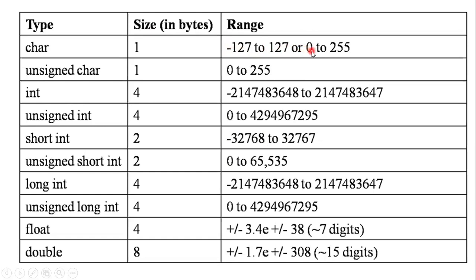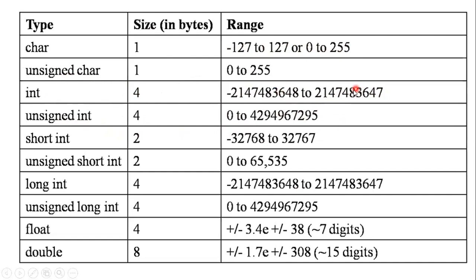Therefore, it ranges from 0 to 255. Then int requires 4 bytes. So this is the size of an integer data type. Like that, unsigned doubles the range, starting from 0.